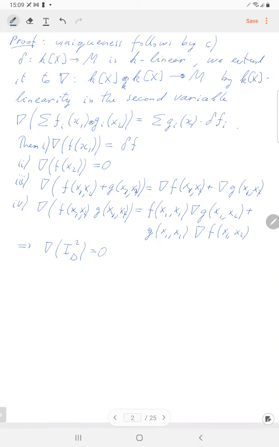Why in the Leibniz rule do the points for f coincide in the last term, for example x1, x1? Can you remind me? No, maybe you can check it yourself. I think it's very straightforward.